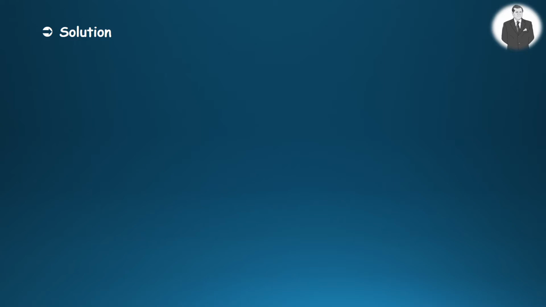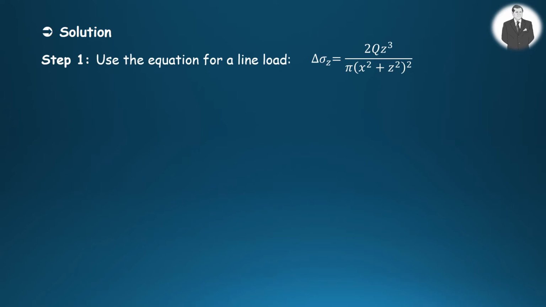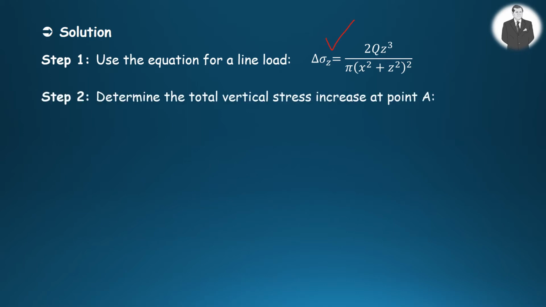Similar to the previous example, the first step is to use the equation for a line load, which is given here. And the second step is to calculate the total vertical stress increase at point A under consideration.